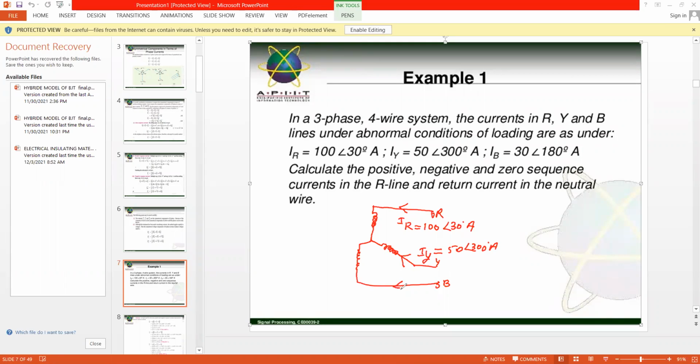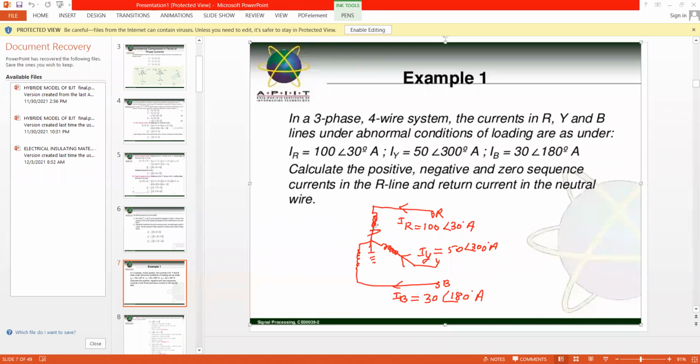Next, IB is equal to 30 ampere at an angle of 120 degree. And here we have the neutral, and a fault is produced out of these three lines.